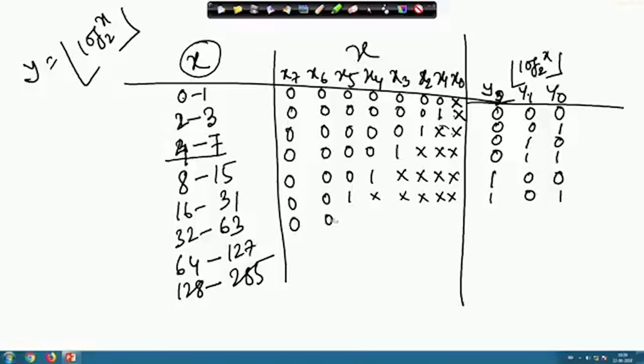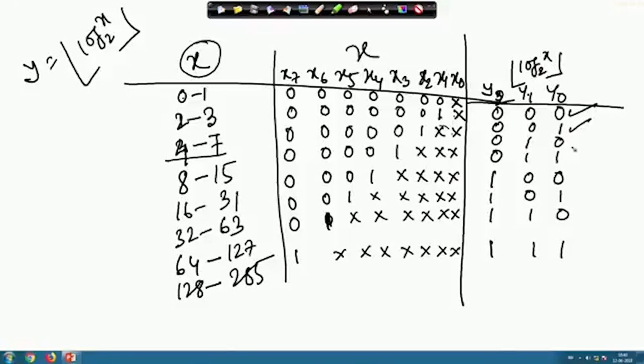For this it will be 6, and for this particular point it will be 7. Okay. So, that means for any values within the range, the ceiling of log 2 base x will be 0, then 1, then 2, then 3, 4, 5, 6, 7, as I am considering 8 bits of x.